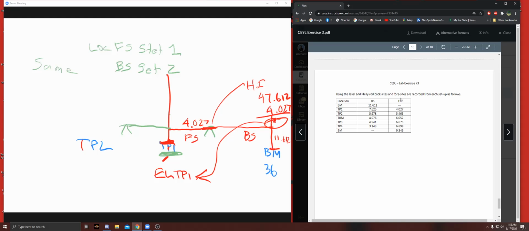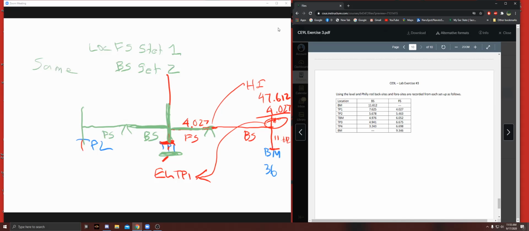Right here. Here's your foresight from setup 1. Here's your back sight to setup 2. The rod is in the same location. Okay. There's your foresight.